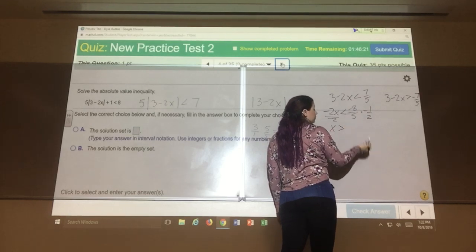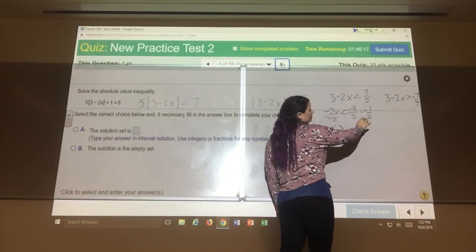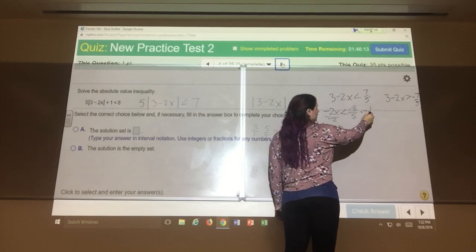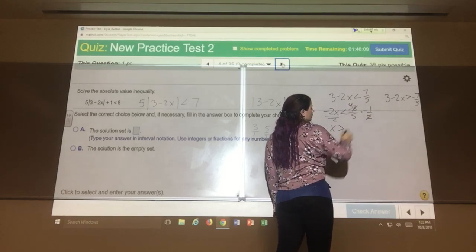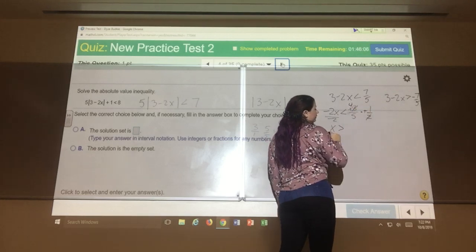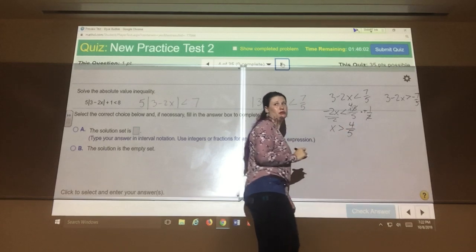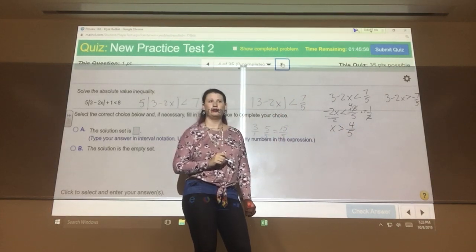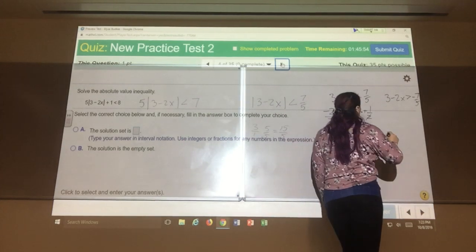Negative, negative, so it's a plus. And also we should notice we have 8 and a 2. We can simplify that, right? Take the 2 into the 8, leaving you with 4. And so those negatives cancel. So we just have 4/5. Make sense? Okay.